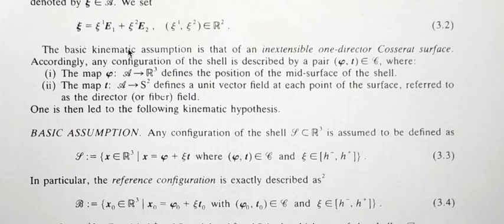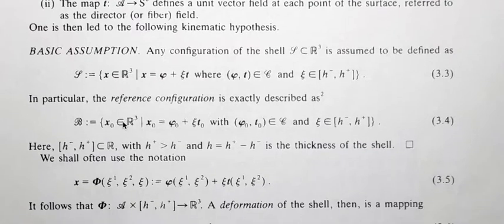It is a rectilinear plane. And t vector, which is denoting the director vector, it can have any orientation on the entire unit sphere. So it also takes its input from zeta1 and zeta2 from the Euclidean plane and maps it to a unit sphere S square. So these two are the maps which are used to describe any configuration of the shell.